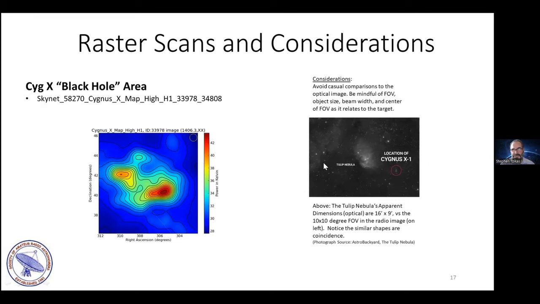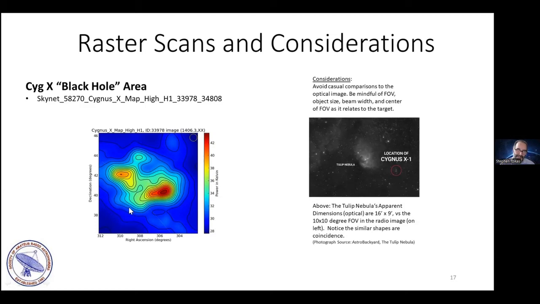You can see it's a bow shape object with somewhat of a dark band in the middle, not as intense. And you can then see here the radio image of the same area. It kind of looks like a bow shape with a not so intense band in the middle.